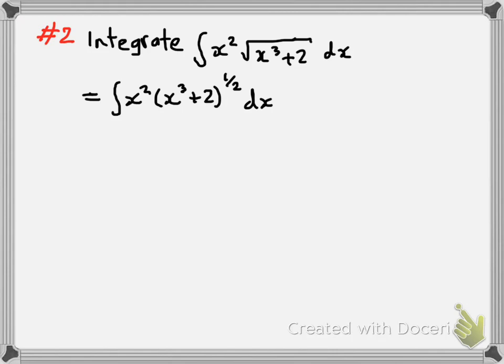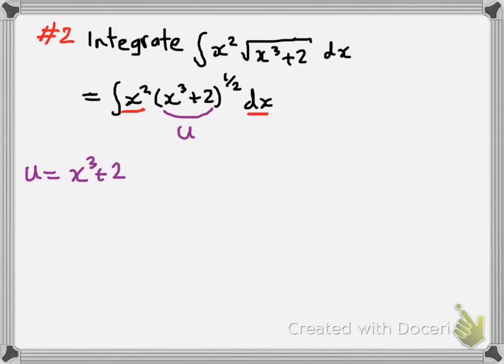But first of all, we should note that the square root we have in here is a power, to the power half, which I've written in here. And then if you notice, x cubed plus 2, if you take the derivative of it, the derivative is 3x squared, right? And you can see x squared in here already. So perhaps we're going to let u be x cubed plus 2, and then we'll see where that leads us.